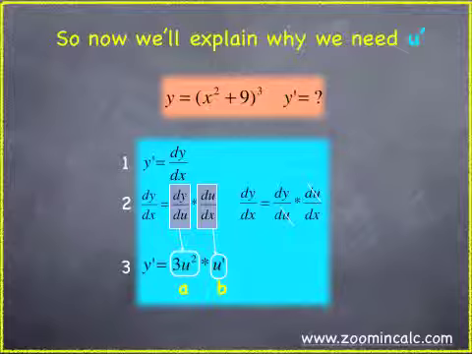So let's explain a little bit more in detail why we need that u prime. Let's go back to our original function. We're trying to calculate y prime, and y prime is dy dx. That's another way of saying y prime. It's taking the derivative of y with respect to the x variable.